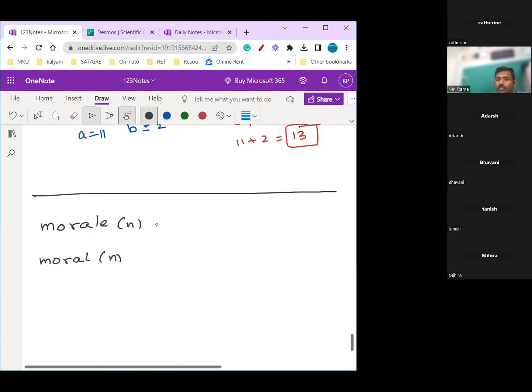So what's the difference between them? What does morale mean? Just put them in the chat box. What do you guys think? Okay, that's good. I see some. That's correct.